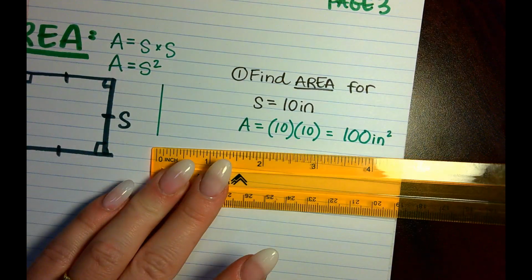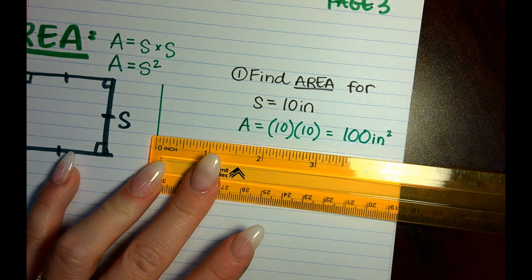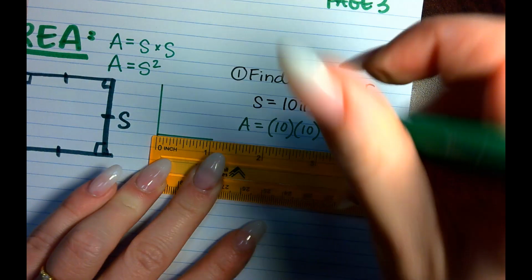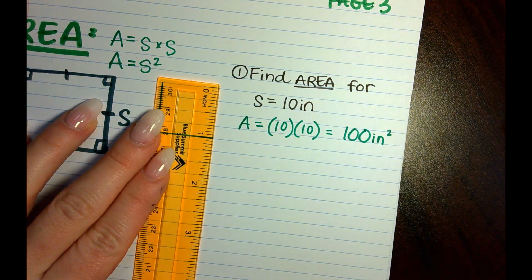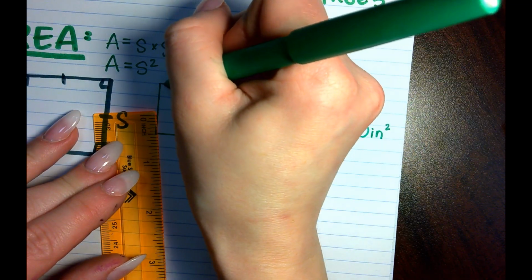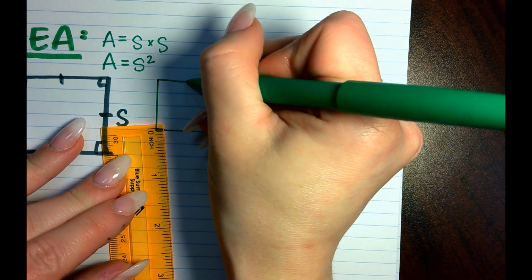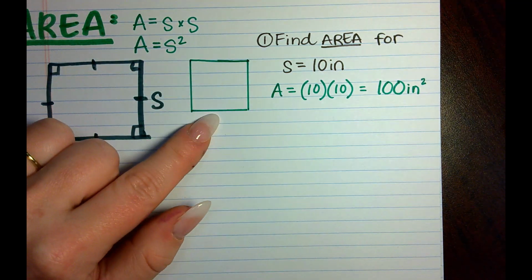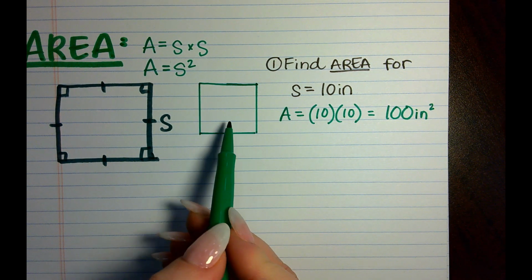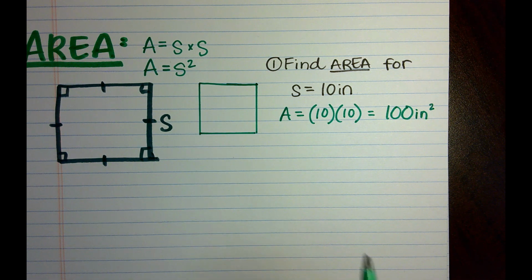A square inch is just an inch side length for all 4 sides of a square. So this is a square inch. If this square existed, there would be 100 of these inside of it.